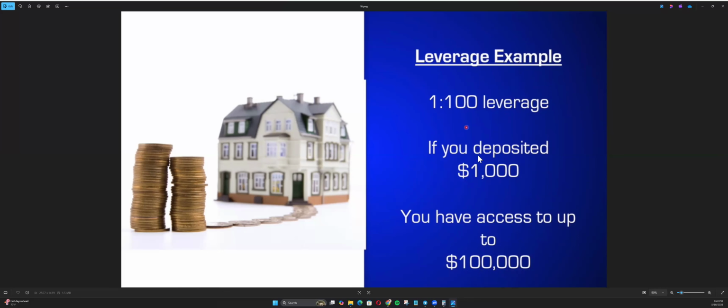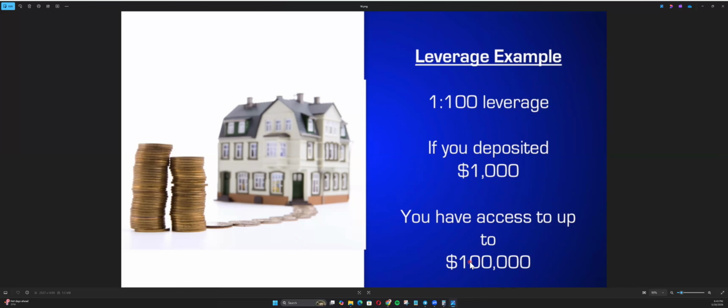For every $1 in this 1,000, you have it as $100. So if you multiply $100 times 1,000, it is now going to be $100,000.